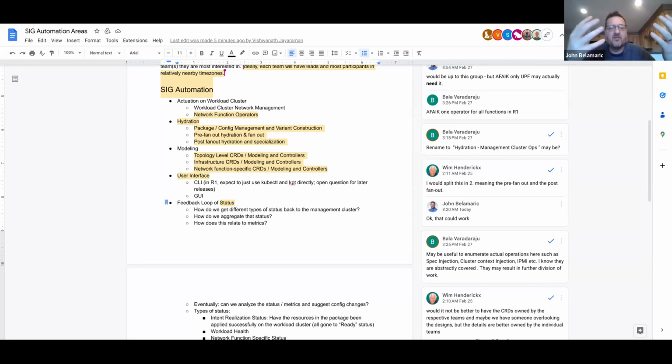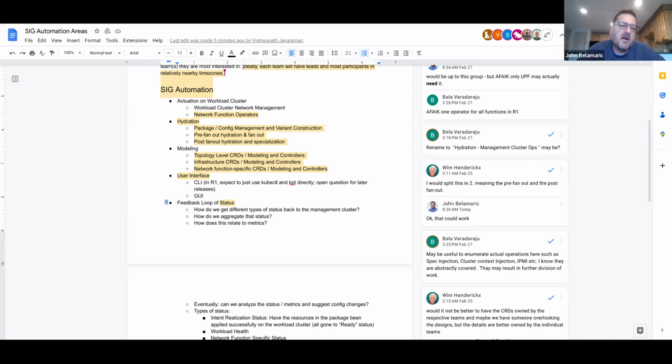Then once it's fanned out, there's a sequence of things that happen in managing the conditions on a package and injecting all the workload cluster specific information, the IPAM, what if we do VLAN assignments or whatever we do. All of that falls into that team. Would that be the suggestion?